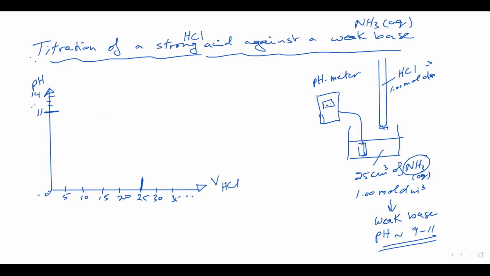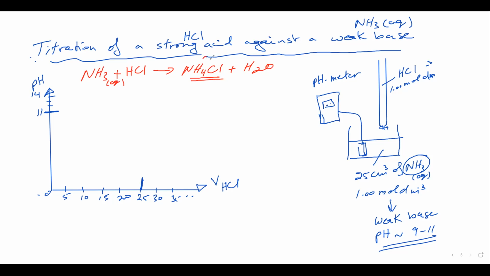Now, what happens when ammonia reacts with HCl? What will it form? Ammonium chloride, excellent. And of course, because this is aqueous, it will form water. Now, what did we say yesterday about ammonium chloride? It is a salt, but is it acidic, alkaline, or neutral? Acidic, excellent.